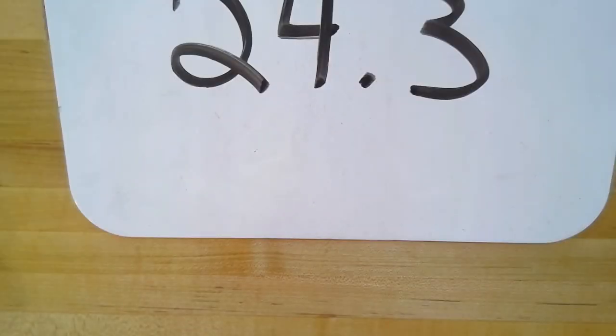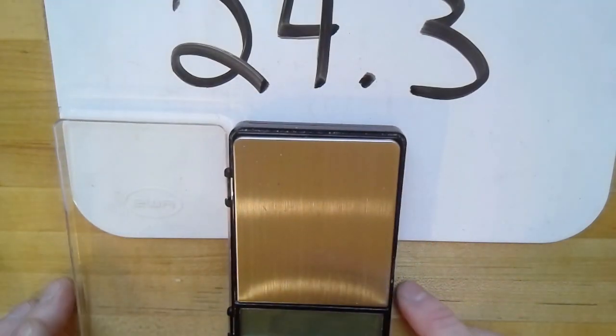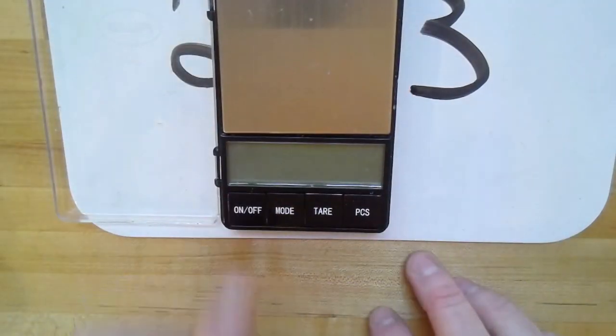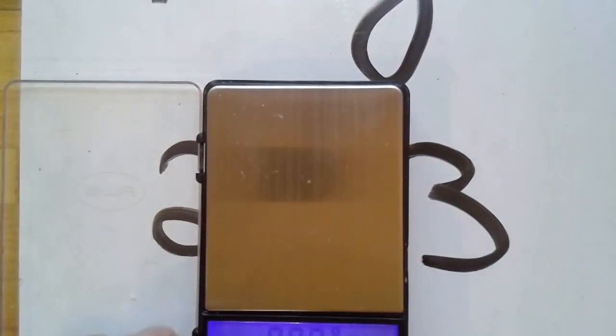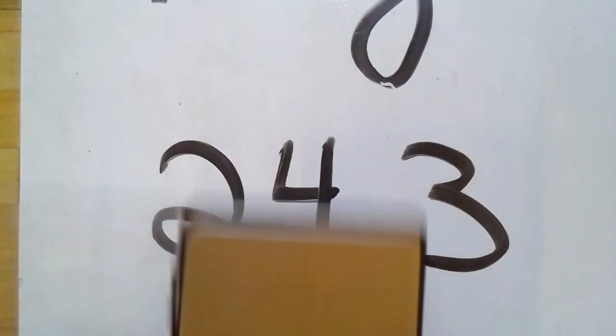So, if 24.3 is the molar mass of magnesium, let's take a dive into our scale. Now, you might remember my scale here. This is from the kitchen when we were baking our bread. Now, if we can see the numbers here a little bit more clearly, it's been zeroed out and we're talking about grams. Now, again, the number we're looking for here, 24.3.